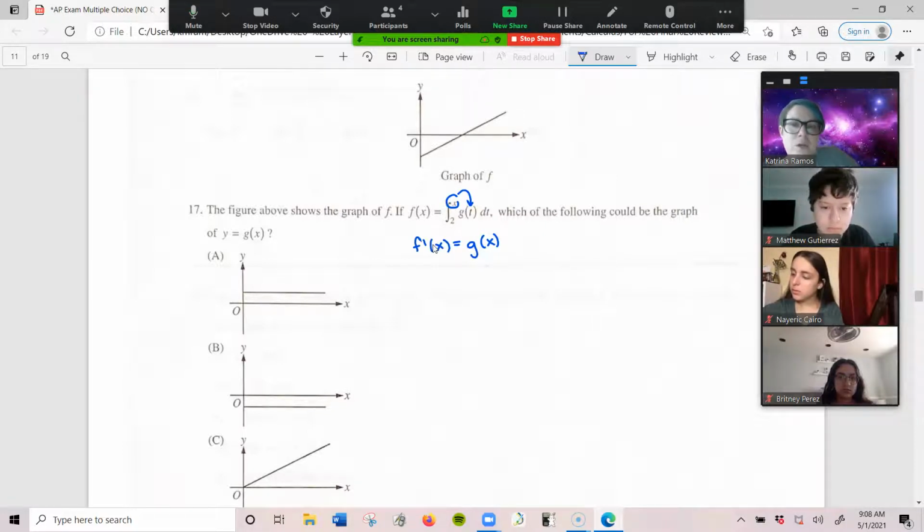Now, if you look here, this is the graph of f, so f prime would be the slope of this line. The only thing that I really know about the slope of this line is that it's positive. So it's some positive number. Could be 1, could be 2, could be whatever, right? So the graph of g of x would be a horizontal line at the value of the slope. But it would have to be a positive number because, again, the slope is positive.